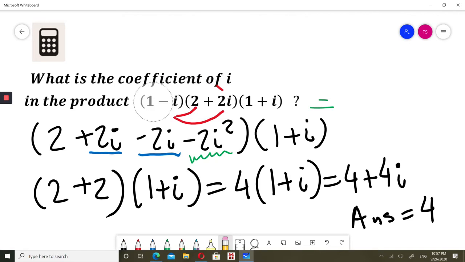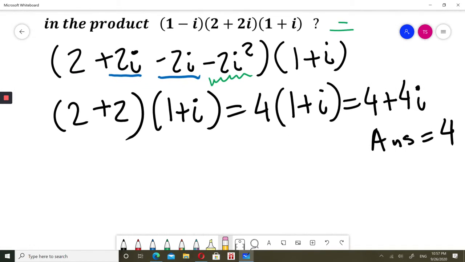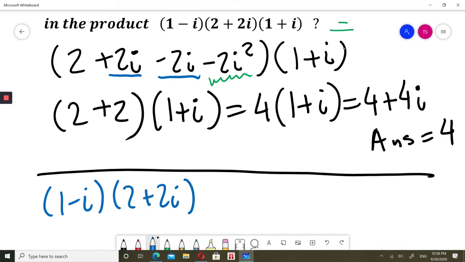If I noticed something, I could do it in a simpler way. I'll just write the whole question again: (1 - i)(2 + 2i)(1 + i).